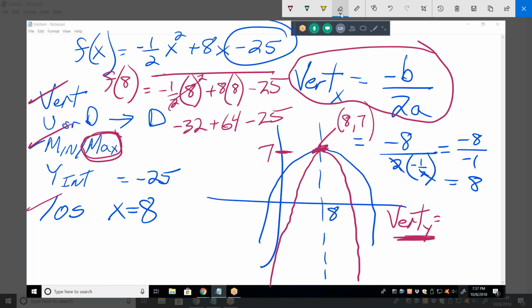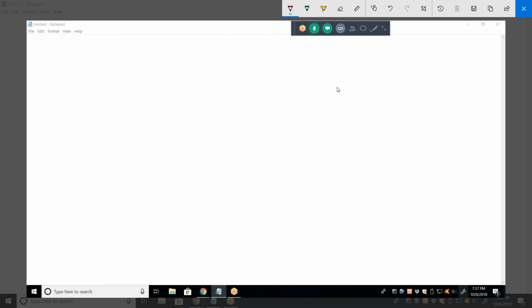Okay. All right, let's try another one. Okay, so the next one is f of x is equal to 3x squared minus 24x plus 54.